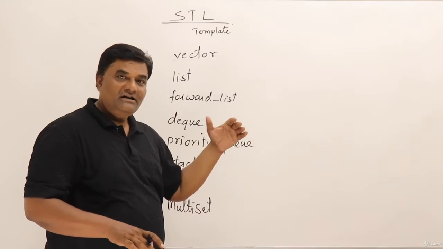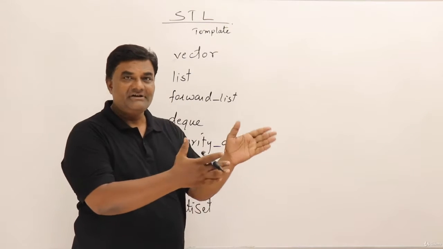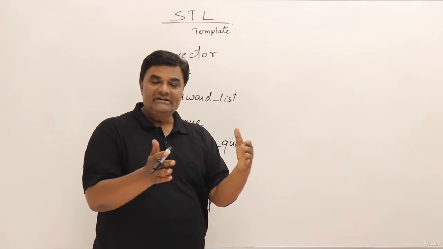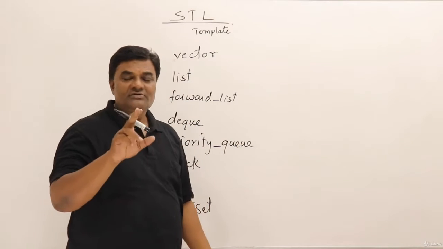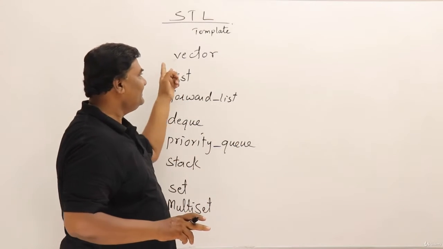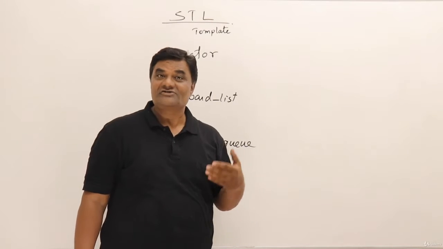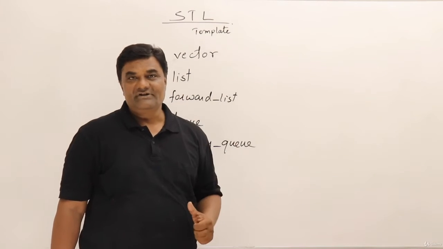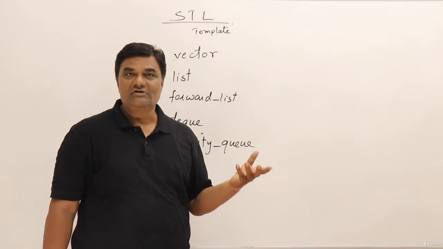If you go on inserting more and more elements, then it will create a bigger array and transfer. If you go on deleting the elements, then it will create a smaller array and copy the elements. So this will dynamically manage the size of an array. So this is a self-managed array and it is called a vector.